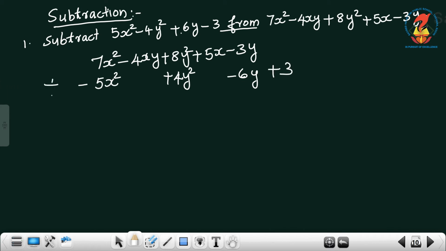Then add it. First write this expression, take the additive inverse of the second expression, and add.